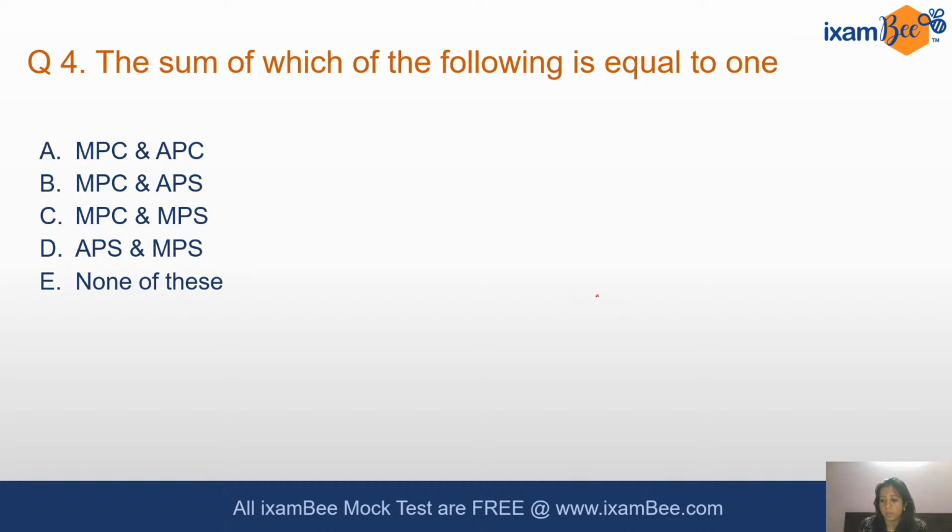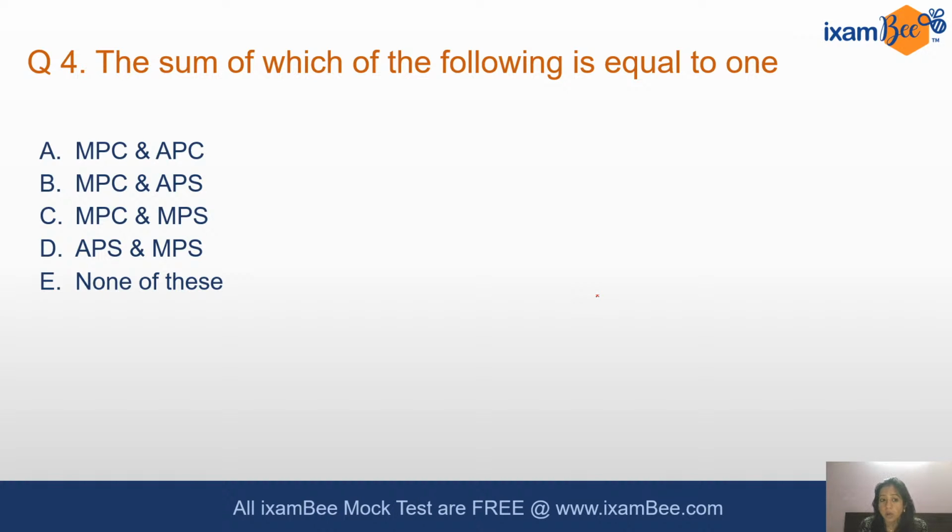What is the full form of MPC? Yes, it is marginal propensity to consume, and APC is average propensity to consume.